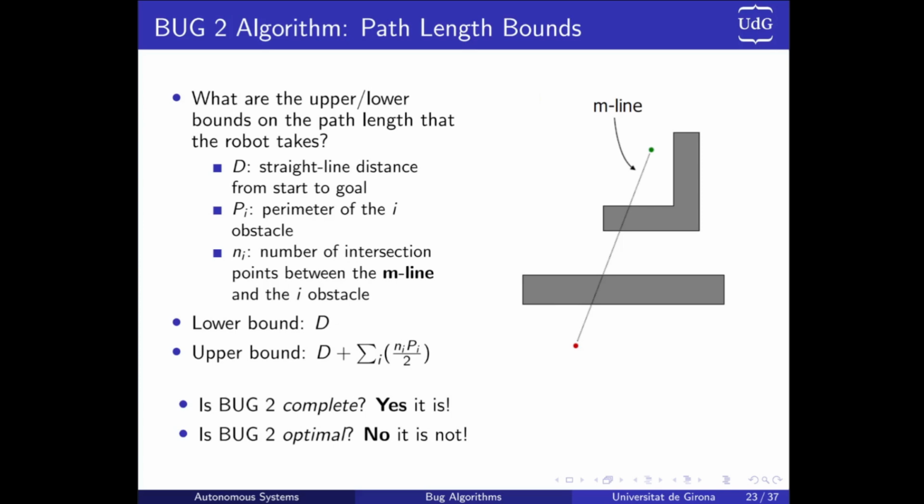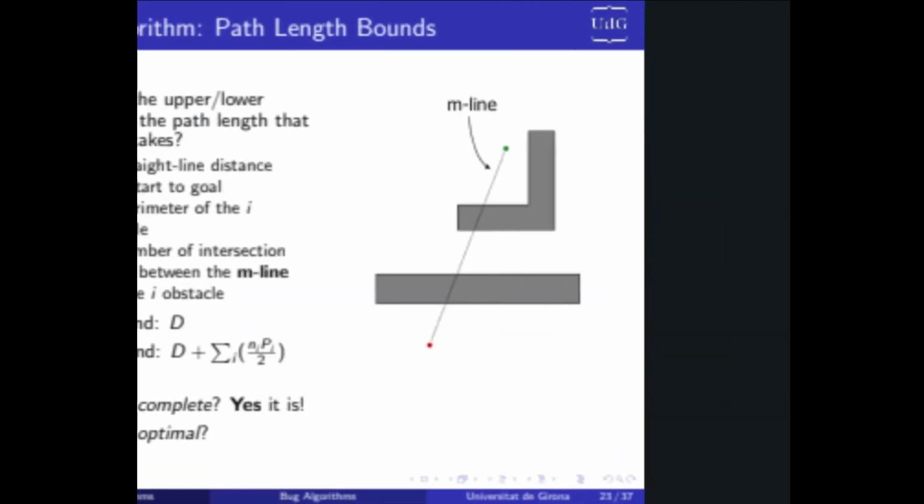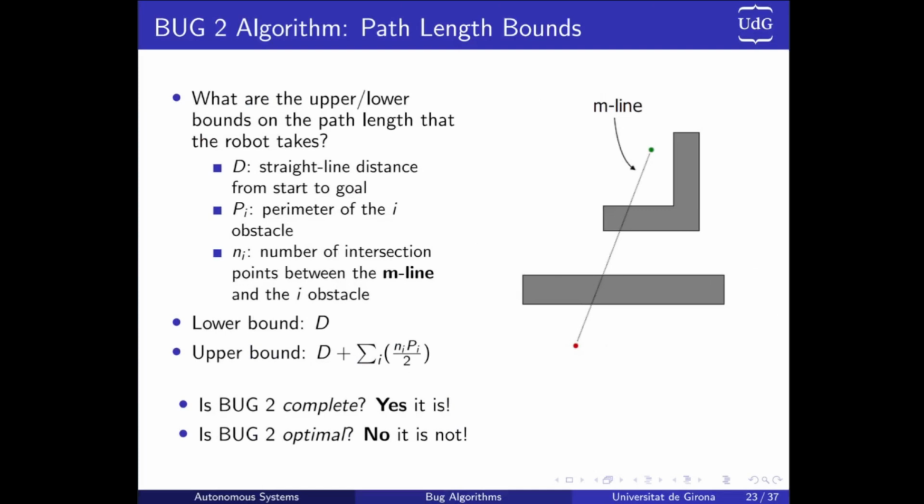In the other case, in the case that I draw here, we have 1, 2, 3, 4 intersections. You see? Because we have 4 intersections, it's 4 times the perimeter of this divided by 2, then 2 times. We have not done 2 times, but we have done a little bit more than 1, because you see this part has been done twice. Then, yeah, it's an upper bound, okay, it's pessimistic, but it's what the numbers say.